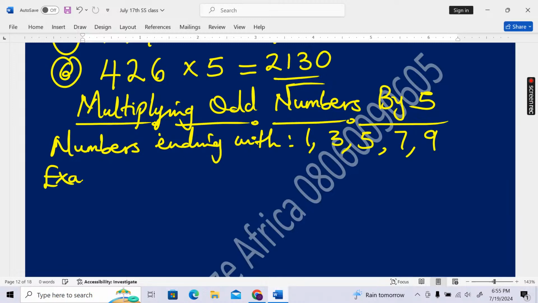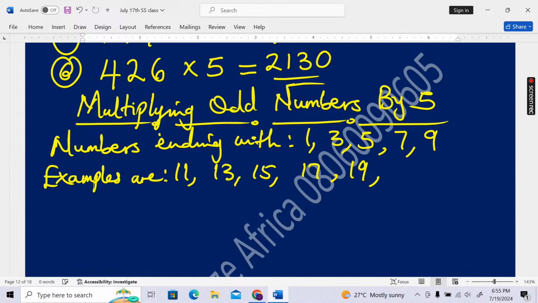Examples of such odd numbers: 11 is an odd number, 13, 15, 17, and 19. 21, 23, 25, 27, and 29. Any number ending with these digits is called an odd number. So they can also be large numbers.